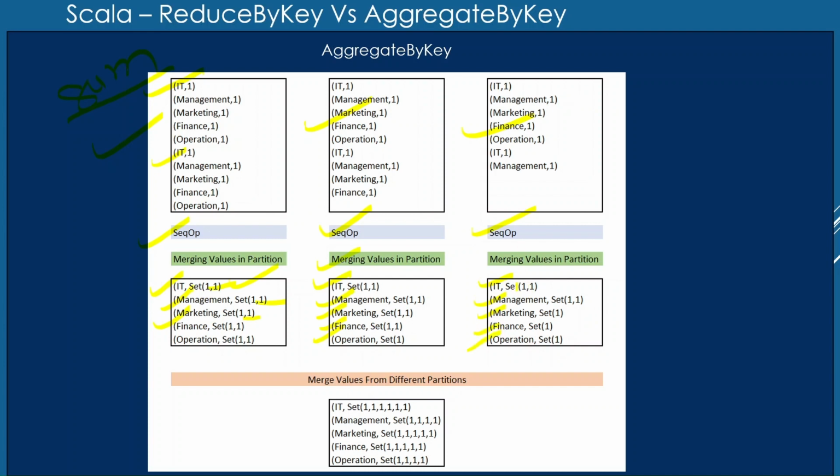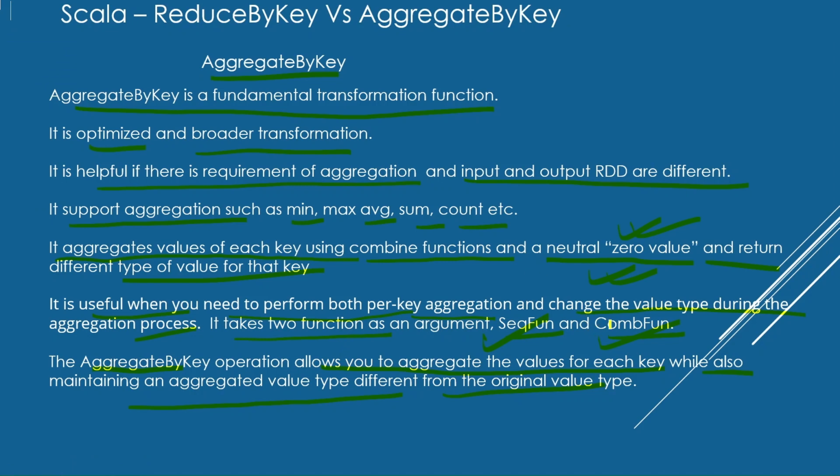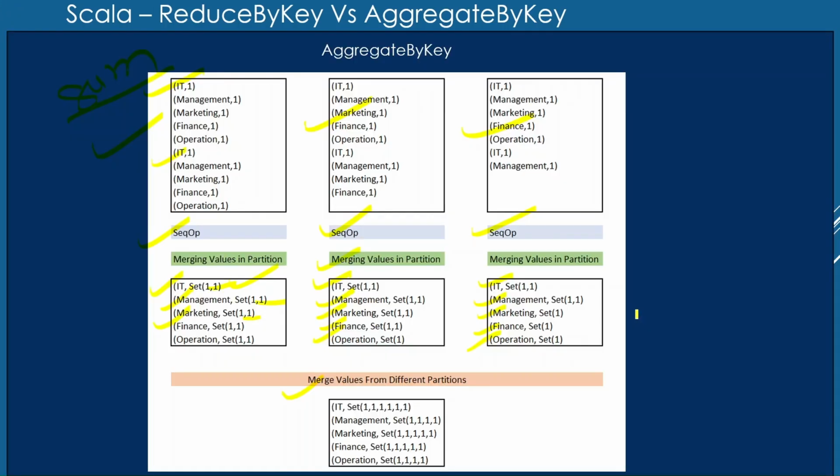Same goes for here. Now the merging. I am talking about the second function. This is the first function, the sequence function, and this is the second function, the combine function. So here the combining is happening. How will the combining happen? Here the shuffling of the data will take place, and the data will shuffle from this partition to this partition, and it will aggregate the values based on the key and arrange the values like this.